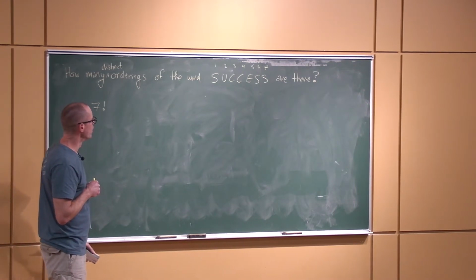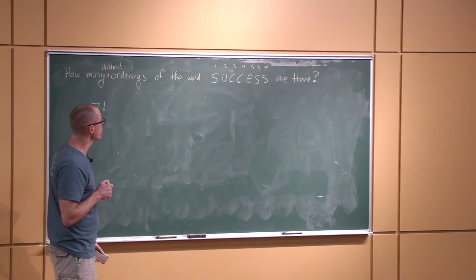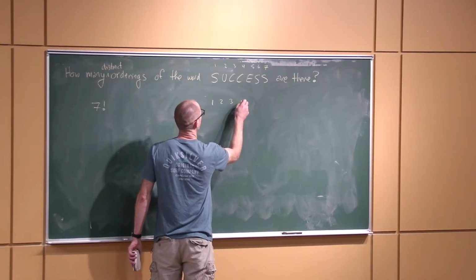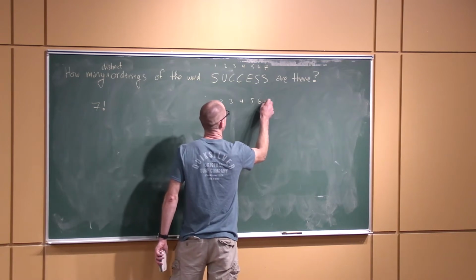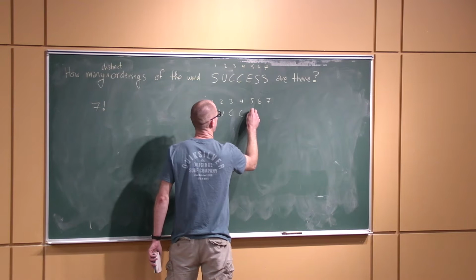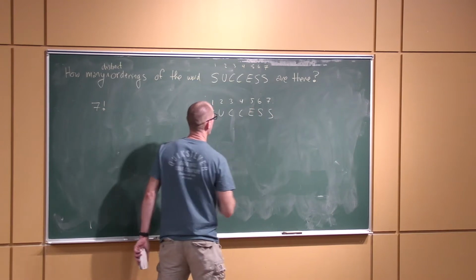So for example, one of the permutations could be 1, 2, 3, 4, 5, 6, 7, which gives us the word success.